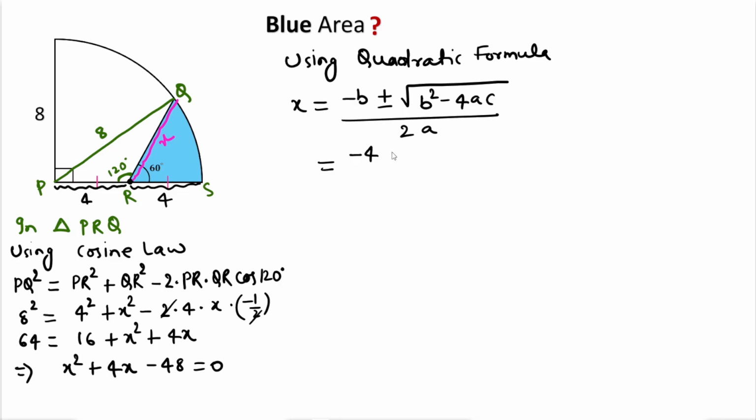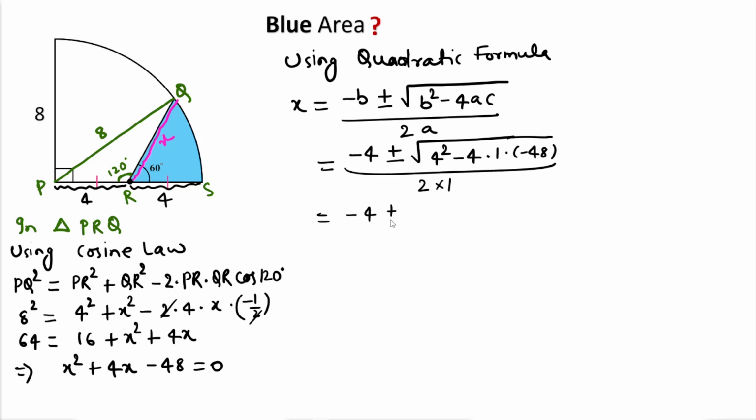So we can write plus minus, so 4 square minus 4, a is actually 1, and c is minus 48, by 2a. So this will become minus 4 plus minus under root 16, and this minus minus becomes plus, and 4 into 48 is 192, and 2 into 1 is 2.